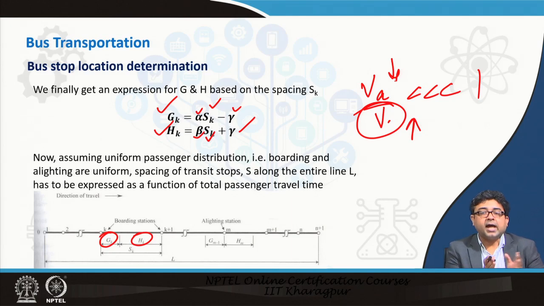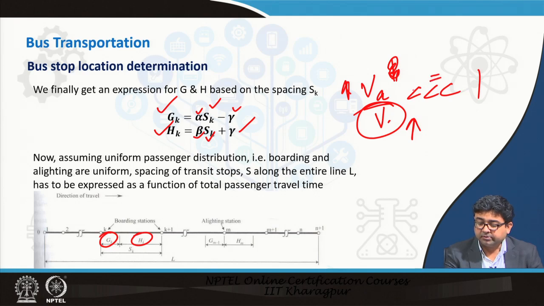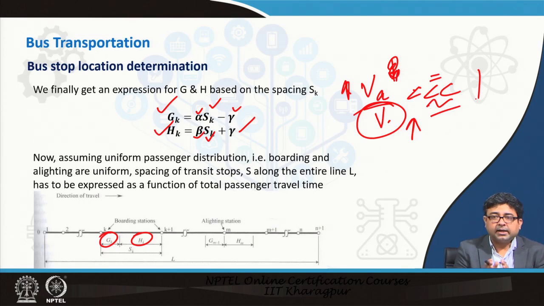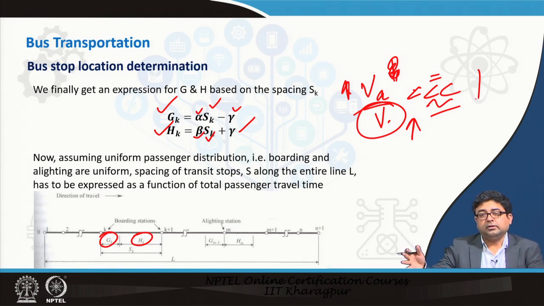Whereas, if your access speed increases and this comes very close to 1, then the market shed line starts moving towards the station in the opposite direction. Then the station in the direction of travel gets a lot of people accessing it, and the previous station becomes almost redundant. Nobody is taking that station. So, that is the time when you can remove that station, right.